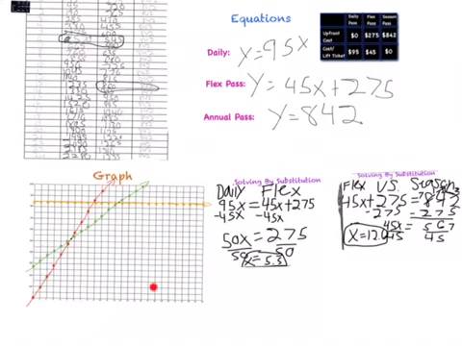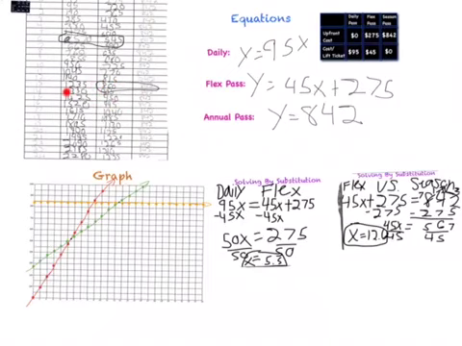Here, all these are the same, just in different manners, and all that happens because of this equation. At about 5.5 or 6, this is when the Flex Pass passes the daily pass to be less money. So at 5.5 and above, you want to be getting the Flex Pass. And pretty much the same around here. Right about here, it'll be less money to get the Season Pass and more money to get the Flex Pass.